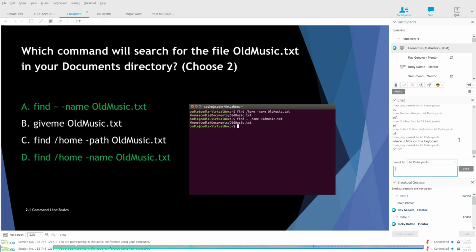It is the shift and the key next to your letter 1, to the left of the number 1.